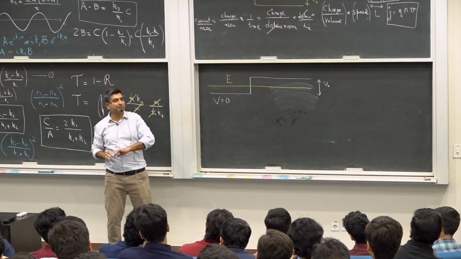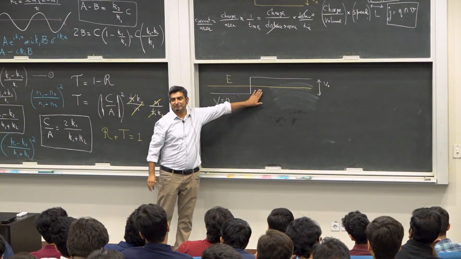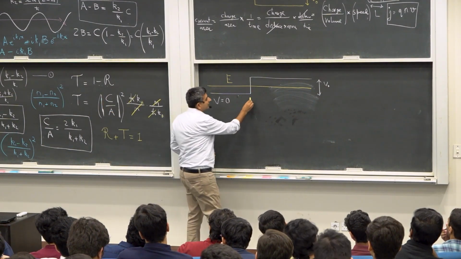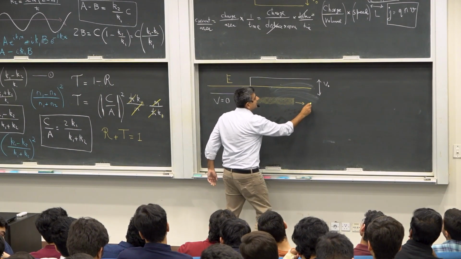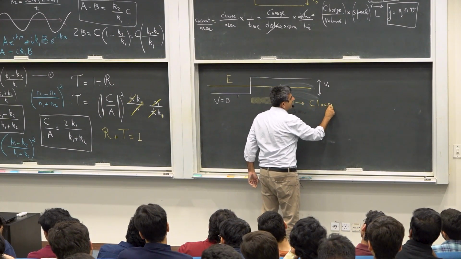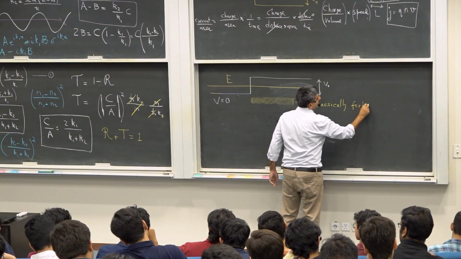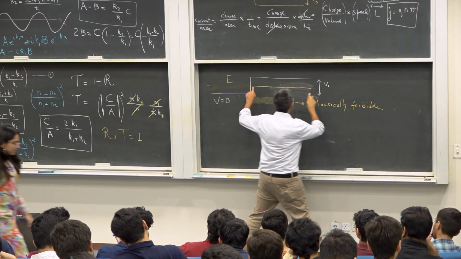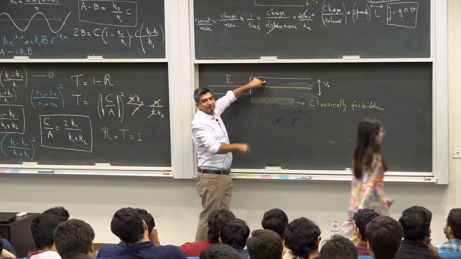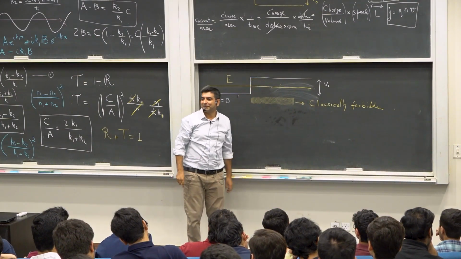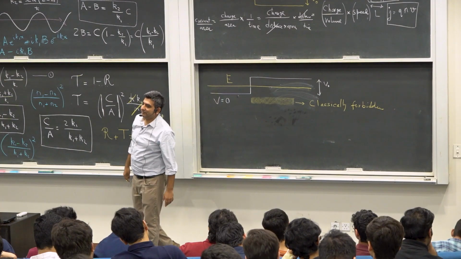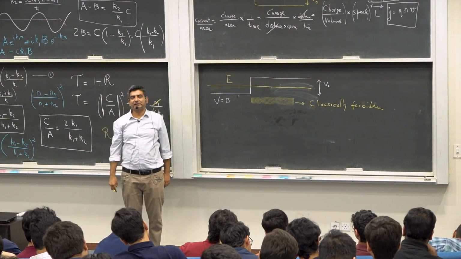It cannot penetrate into this region. This region onwards is classically forbidden, because here the total energy is less than the potential energy. So kinetic energy becomes negative. It doesn't really make sense.